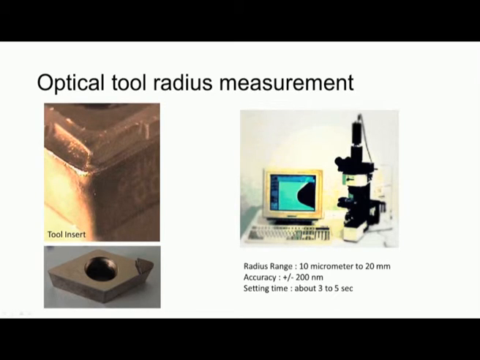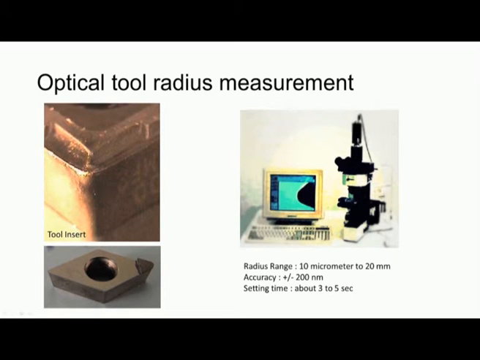This is a microscope which has a table on which we have to keep the cutting tool, and then through the eyepiece we can get the image of the nose, and using the scale provided we can get the reading.